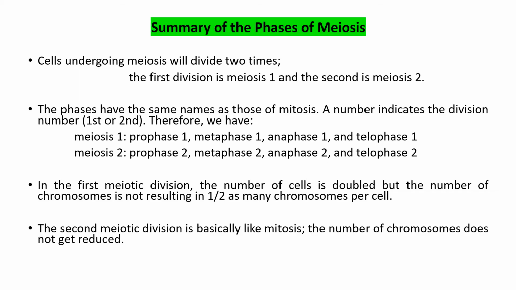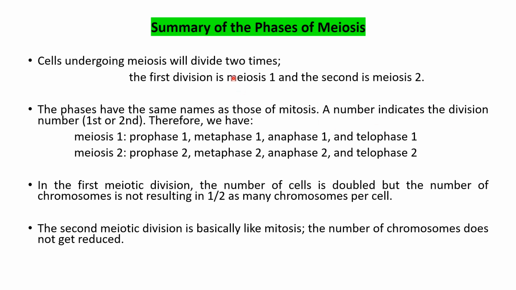Now let's look at the summary for the phases of meiosis. Cells undergoing meiosis will divide two times. There is the first division, known as meiosis 1, and the second division, known as meiosis 2.